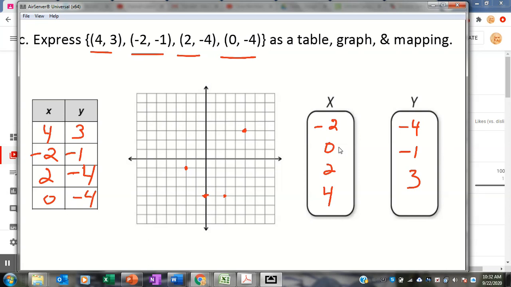So 4 goes to 3, as it says right here. We're going to do that one first. 4 goes to 3. Negative 2 goes to negative 1. 2 goes to negative 4. And the last one, 0, also goes to negative 4 like that. And there's your mapping.